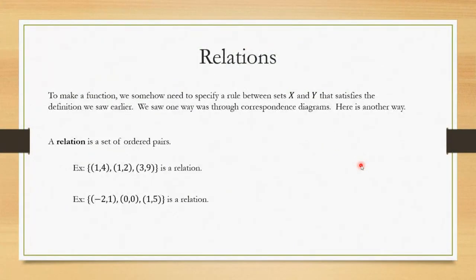Okay, so correspondence diagrams, you can define functions through that, right? And something that's slightly related, well, I don't know if it's really related, but relations are another way we can define a function. The whole point is you want to somehow specify that rule from the first set X to the second set Y. You can have many different ways of specifying that rule.